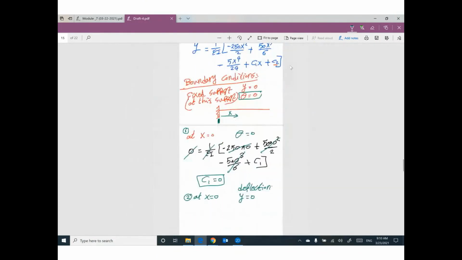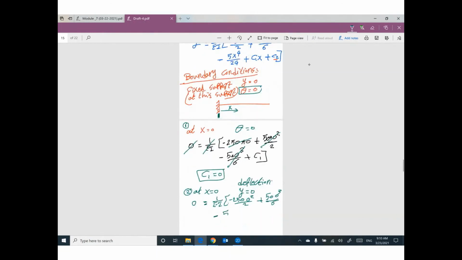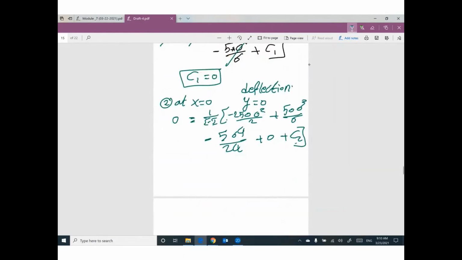I can say 0, which is y, equals 1 over EI, negative 250 times 0 squared divide 2, plus 50 times 0 cubed divide 6, negative 5 times 0 to power 4 divide 24, plus C1, which is 0, plus C2. I believe this term will be 0, this one will be 0, this one will be 0. 1 over EI will be cancelled by 0. C2 equals 0.